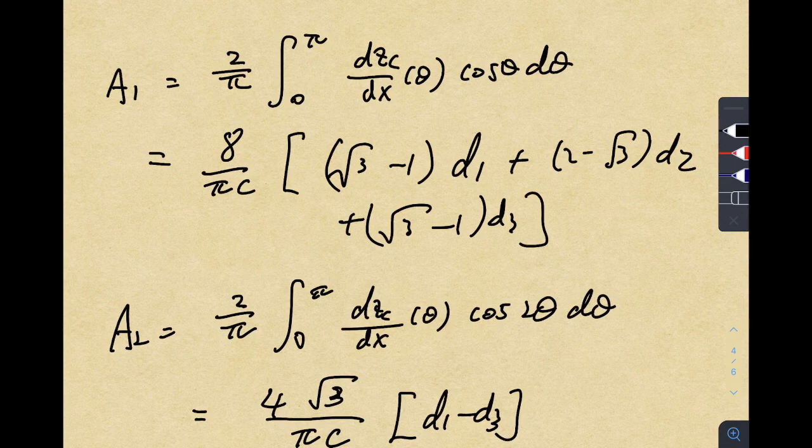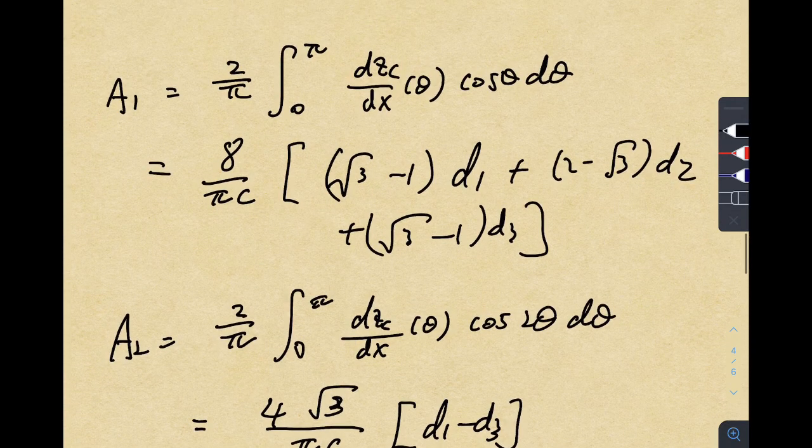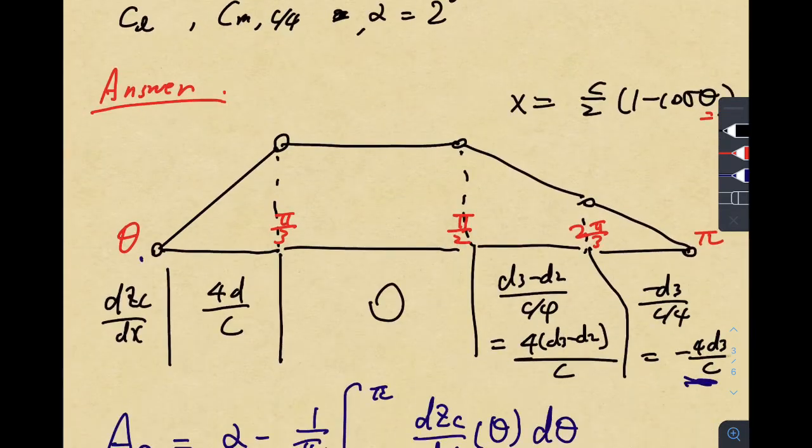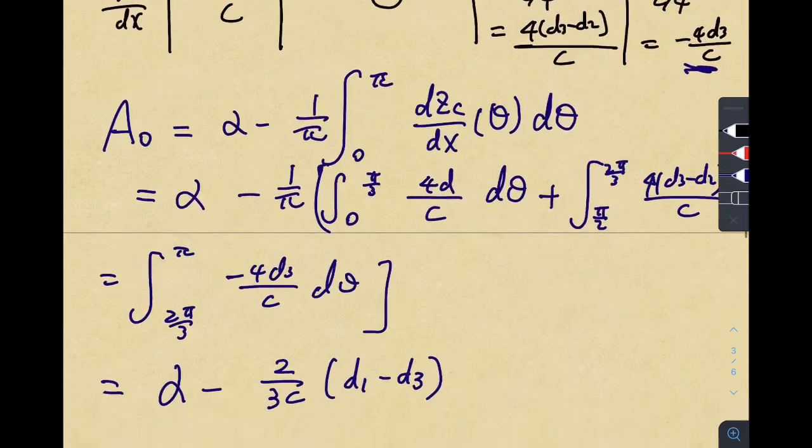As you can see, they are pretty straightforward. All you need to do is have a clear mind about how to perform the integration. The first step is you need to figure out the slope for the camber line.